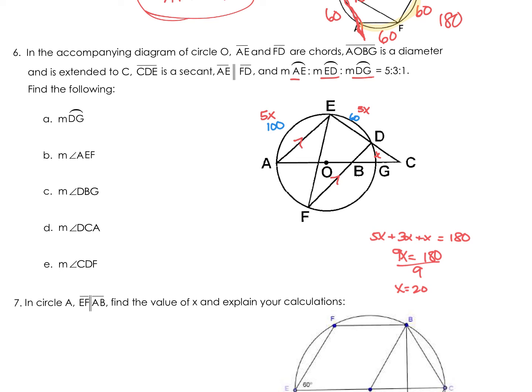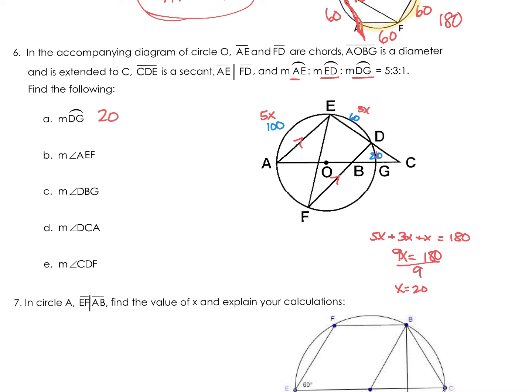And I'm going to erase so I can fit this. Oops, looks like I'm not able to erase here. Well, I'm going to put a little 20 over the picture there. All right, so they want to know how much angle D or arc DG is, and it ended up being 20.